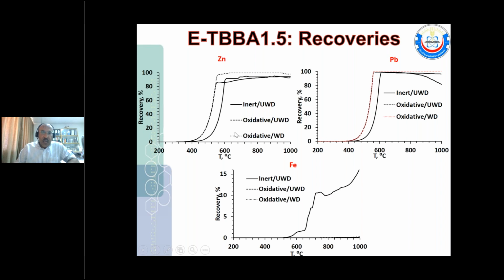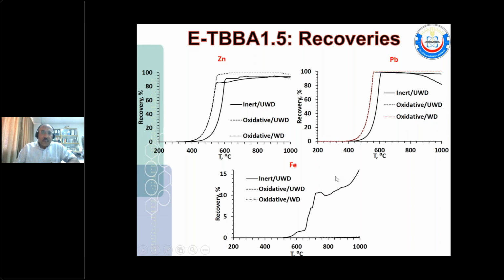Here we see when we had more of the plastic material, more bromination occurred, and we achieved high recovery of zinc under oxidative conditions, while under inert conditions it occurs at higher temperature, and the recovery did not reach 100%. The same occurred for lead under oxidative conditions, especially when you see this red line.